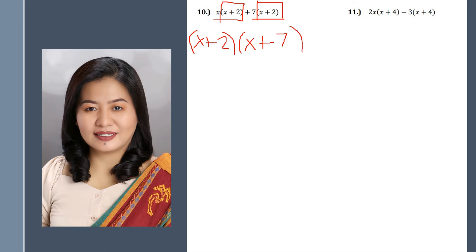The second given is 2x times (x plus 4) minus 3 times (x plus 4). So again, there are two terms, and we have x plus 4 as the common term.